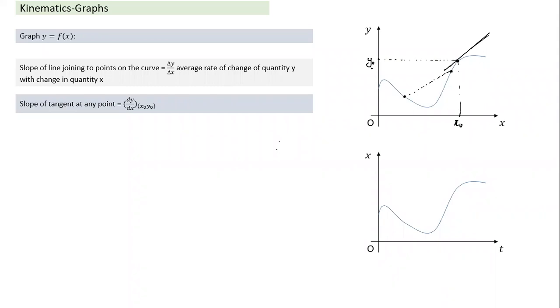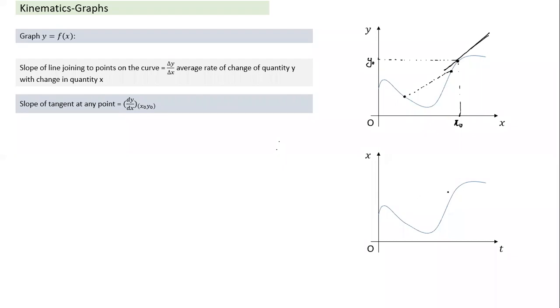But in physics, we have some physical quantity on the y-axis, which depends on some other physical quantity on the x-axis. Since we are at the topic of kinematics, let's understand what x indicates. X indicates the position of a particle having 1D motion, and this is time. How does the position of a particle moving along the x-axis change in time?